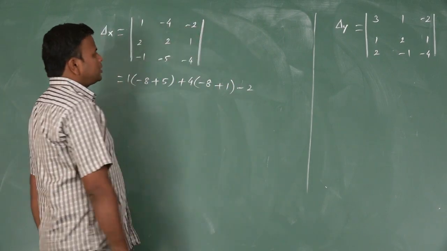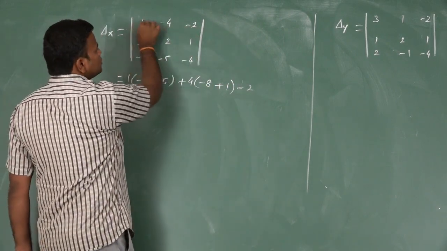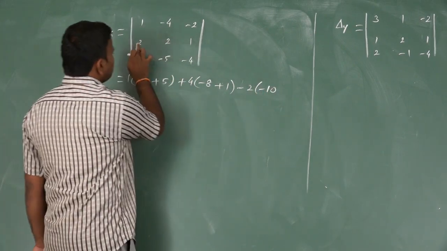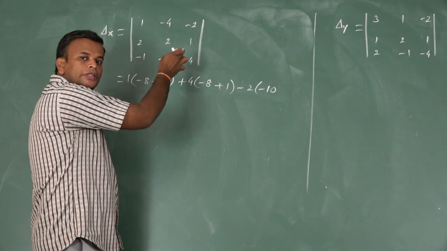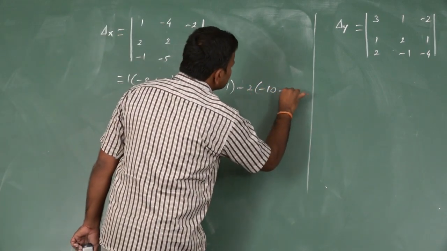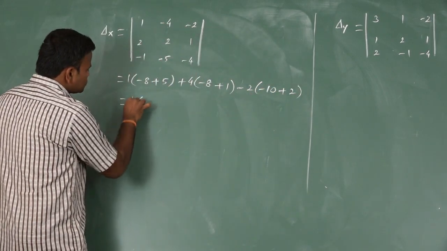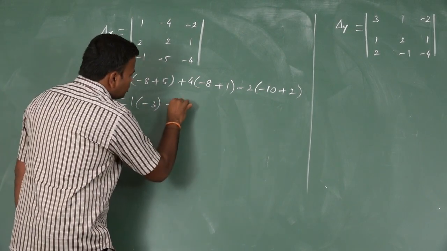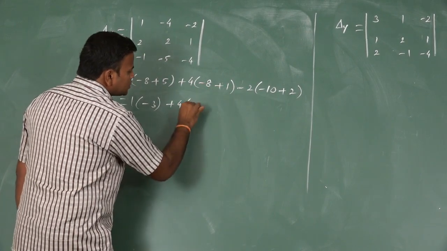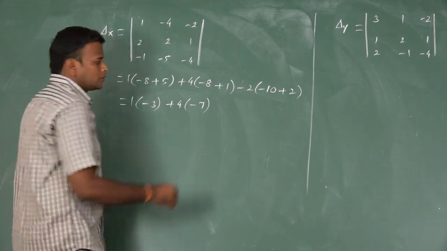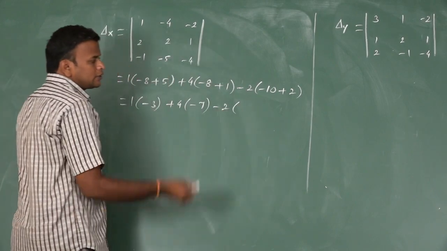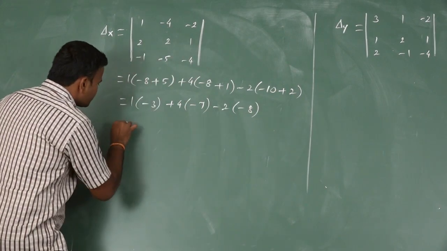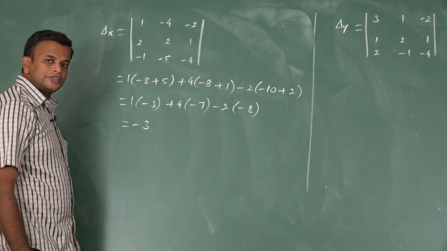Next number is minus 2. So minus 2 of, we leave this row and that column. 2 into minus 5, minus 10. We multiply these two elements with a minus sign, so plus 2. So 1 into minus 3, plus 4 into minus 7, minus 2 into minus 8. 1 into minus 3 is minus 3.